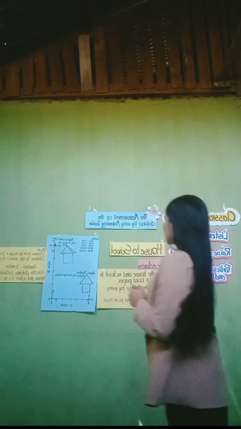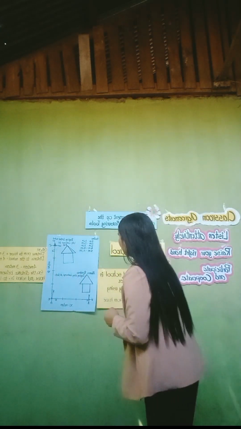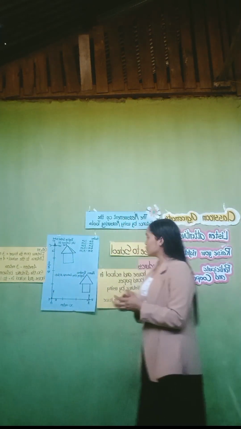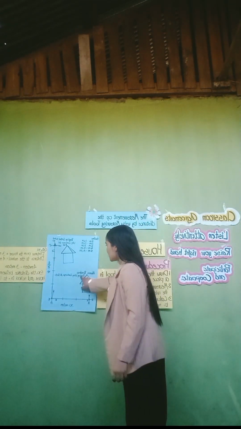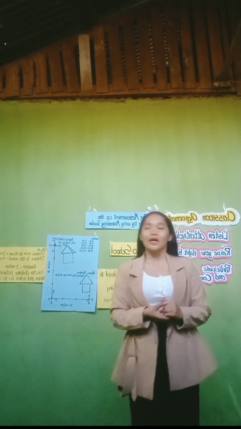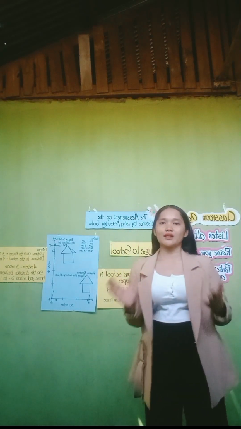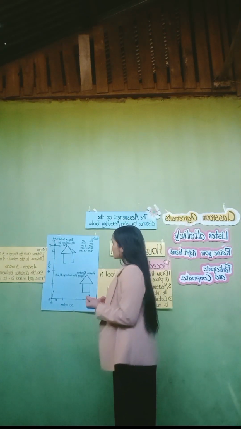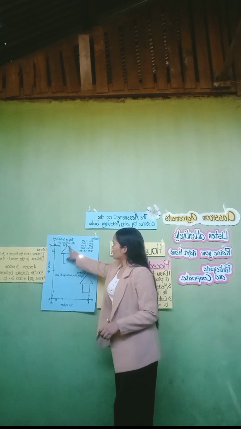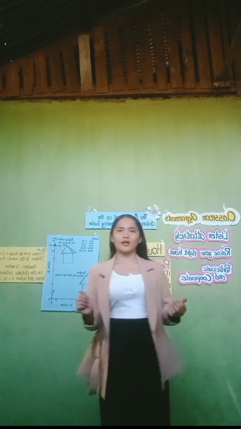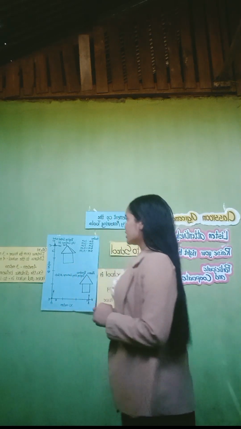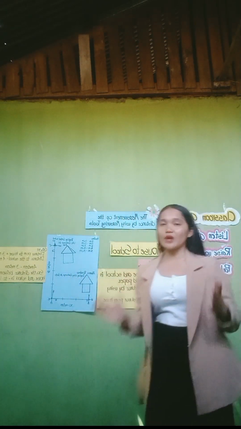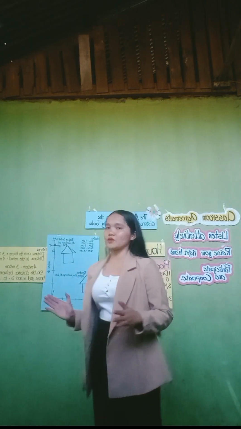So we have here the sketch. Let's start with the house, known here as the Alvarez residence, located at Baybay Liloy, Zamboanga del Norte. And the other one is the Baybay Central School at Liloy, Zamboanga del Norte. So the given, we have here, the distance from the house is 3 meters and the distance to the school is 4 meters.